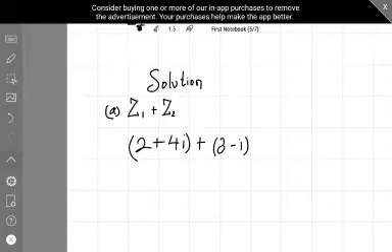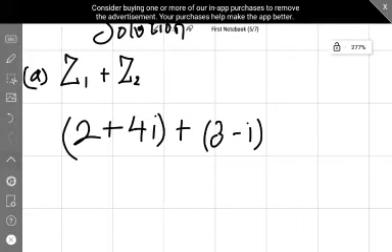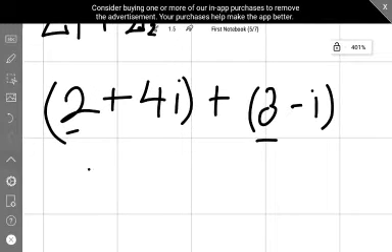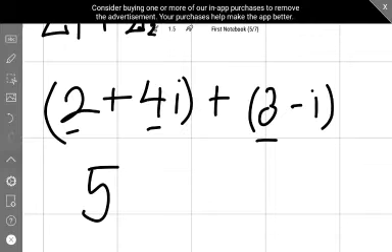So what we're supposed to do here is to add the two real parts of both complex numbers, where we have 2 and 3, which is going to give 5. And as for the imaginary part, we have 4i minus i. Now 4i minus i, that's 3i, and it's positive, not negative, so it's going to be plus 3i.